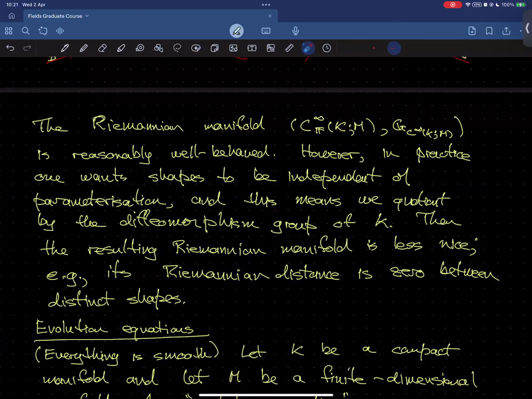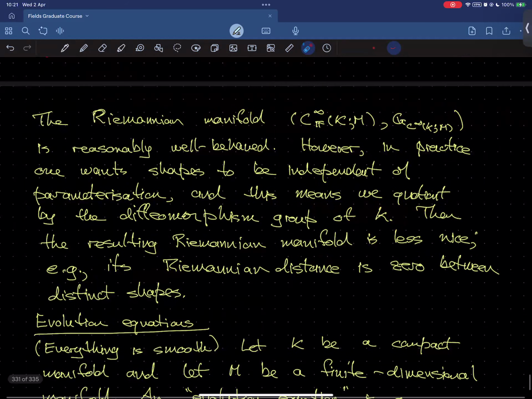Okay, so we were talking about shape analysis. As I said, in shape analysis, sometimes what you do is quotient by diffeomorphisms of K in order to remove the parameterization. When you do this, there's some sort of Riemannian manifold that you get from quotienting.